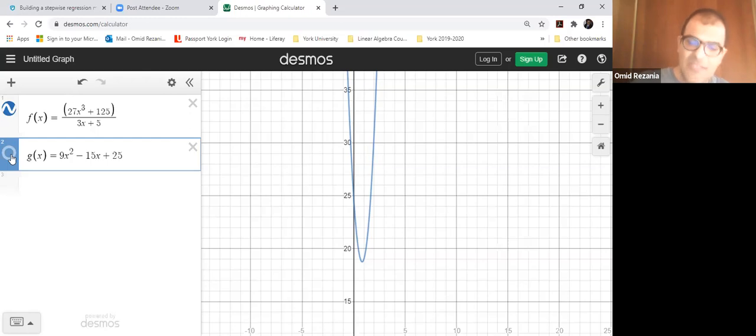But a function like this, a quadratic function with the leading coefficient of 9, seems significantly easier because the leading coefficient is positive. It's going to open upwards. You can find the critical point here by the method that you have learned.